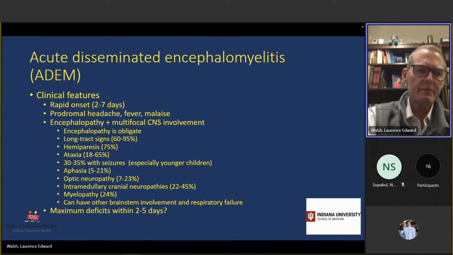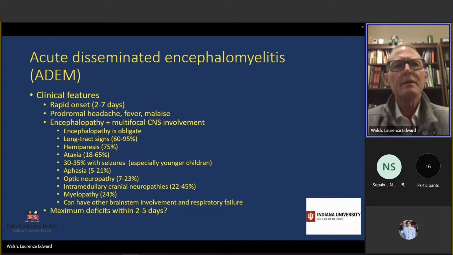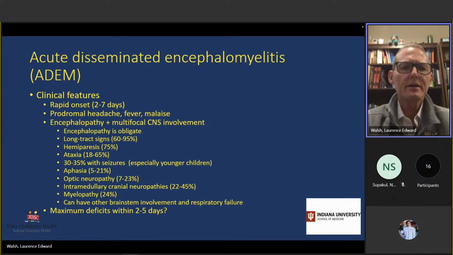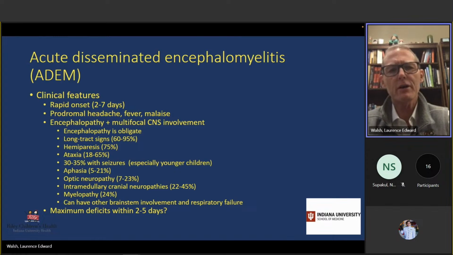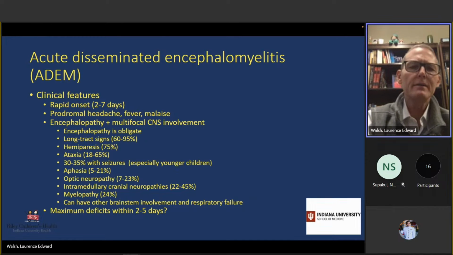Child presented in an afternoon with seizures. Got an MRI scan. It was normal, but had 2 or 3 seizures. And we said, okay, we're going to observe the child because we didn't really feel comfortable sending the child home, and watched him overnight. Next, like a day and a half later, I think he wasn't feeding well.